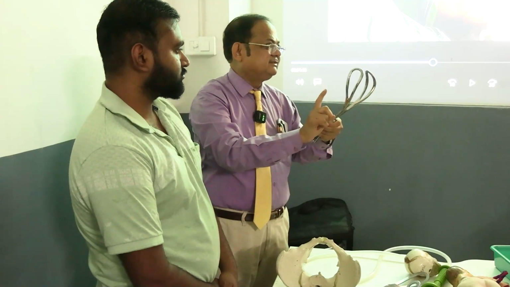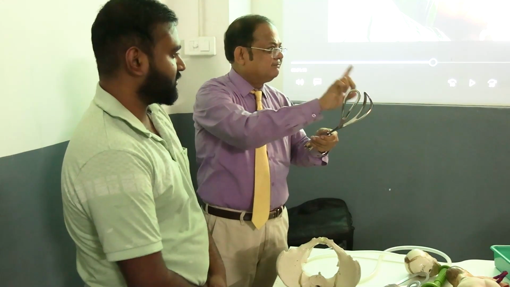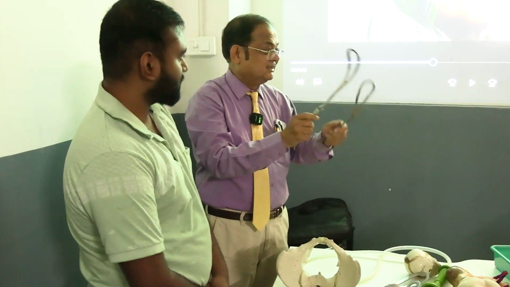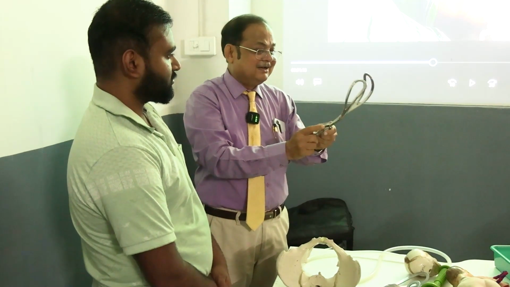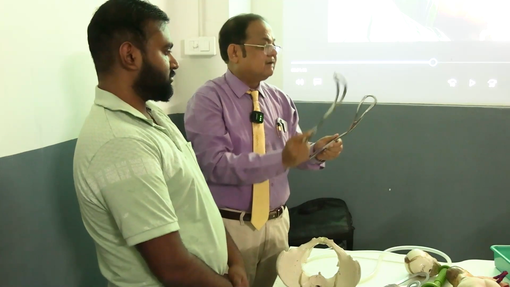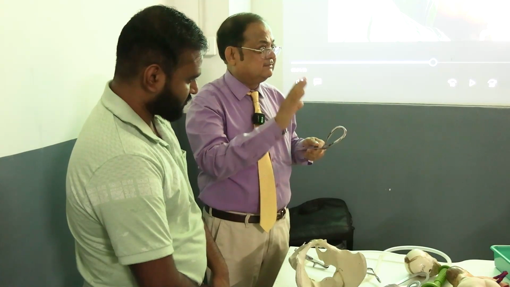So which one is the left blade? This is the left blade and this is the right blade. Left and right, not the handle actually. The handle is on the opposite side, so don't mistake it. Our purpose is to introduce the left blade first. So identification of the blade is important.